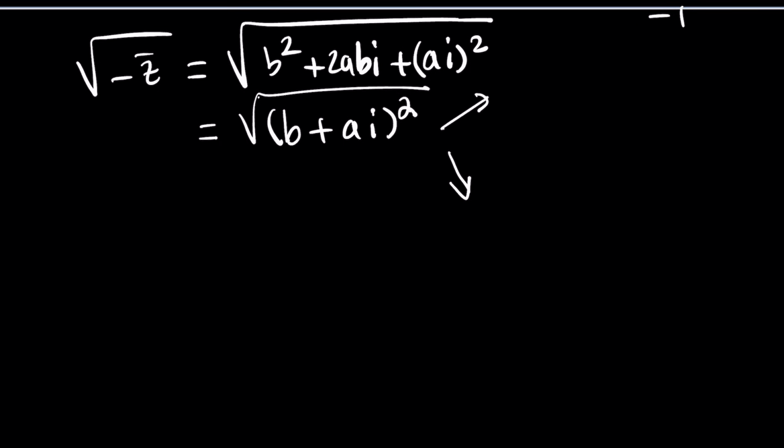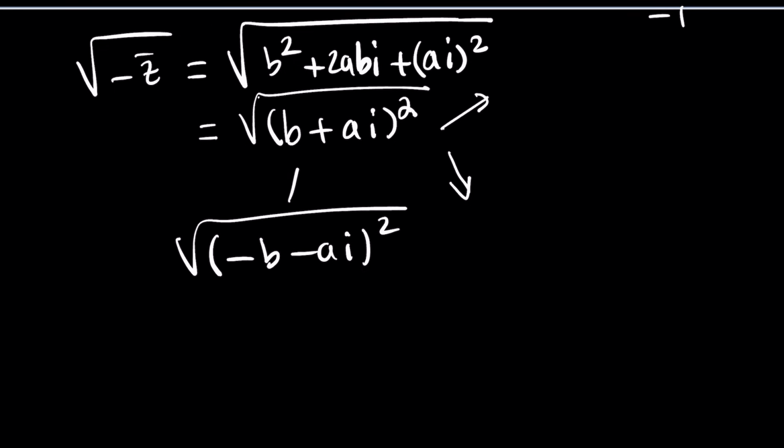In other words, there are two numbers whose square equals this. In other words, if you square this, you get the same result. Make sense? So the answer could be b plus ai or minus b minus ai. Again, the values of a and b should be given, whether they're positive or negative, or which branch you're interested in, but these would be the possible answers.